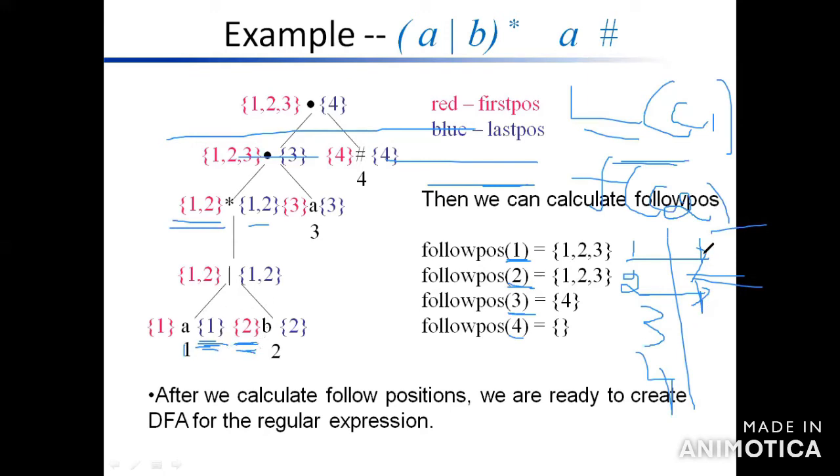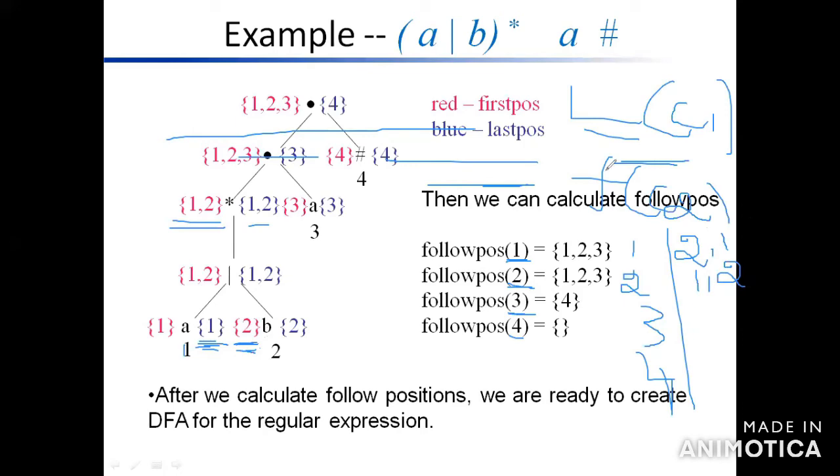So 1 can be followed by 2, and 2 can be followed by 1. Same position, so 2 can be followed by 1, 2. Okay, this is for the concatenation node.